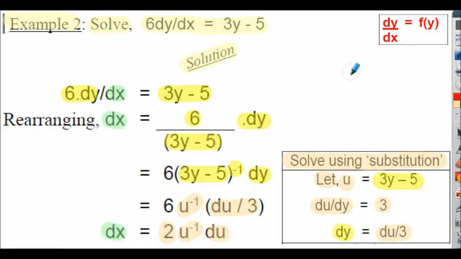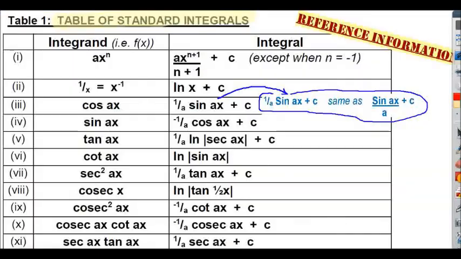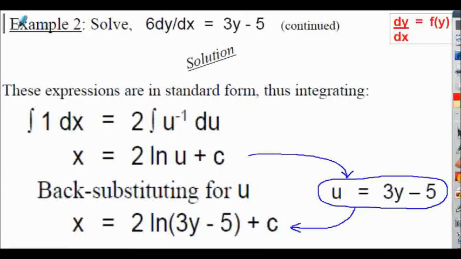So now we actually have a standard form, because integrating u to the -1 with respect to u is essentially item 2 in our tables, the 1 upon x, or x to the -1. When we integrate this function, it becomes ln x plus c. So we basically have 1 upon u, or u to the -1, so our solution will integrate to ln u plus c.